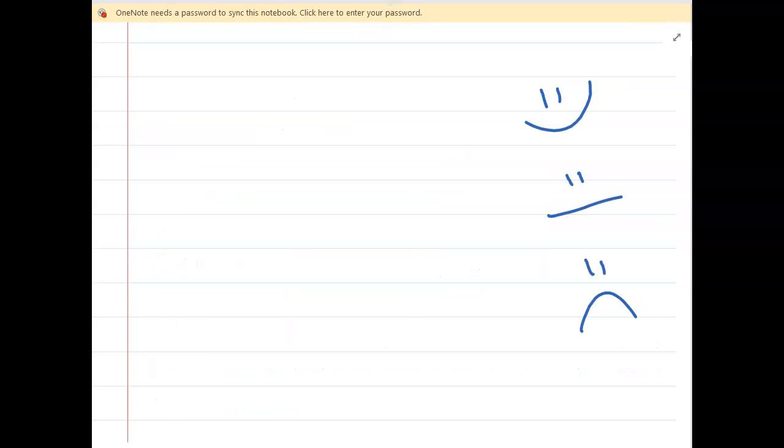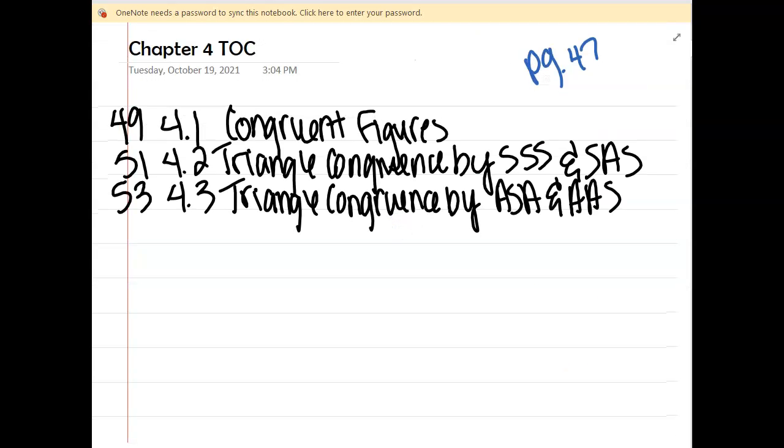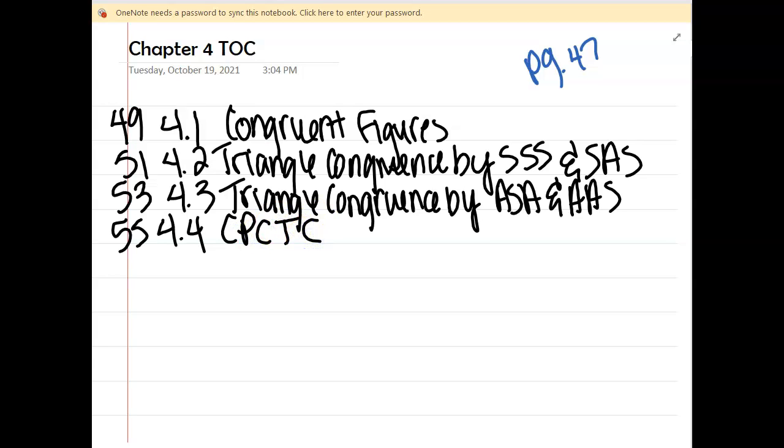Okay, let's get this glued into your notebook. This should be page 55, section 4.4, and we'll cut it down short. We'll say CPCTC. Congruent parts of congruent triangles are congruent.